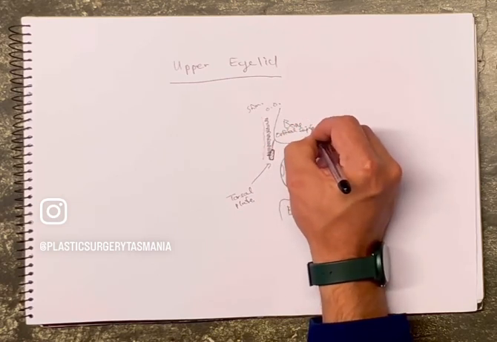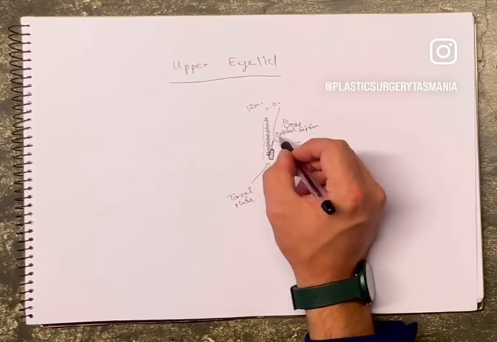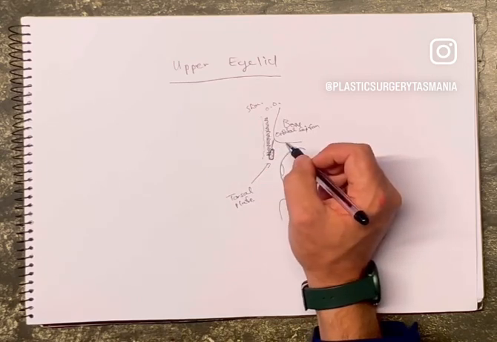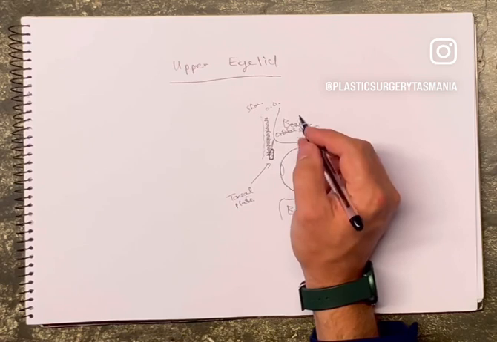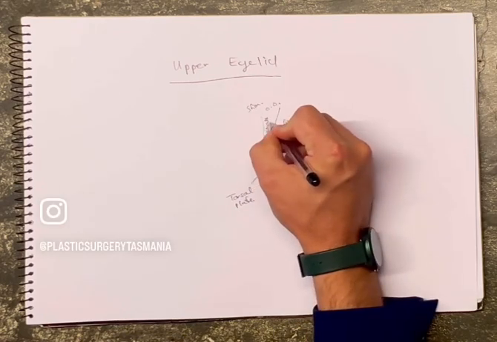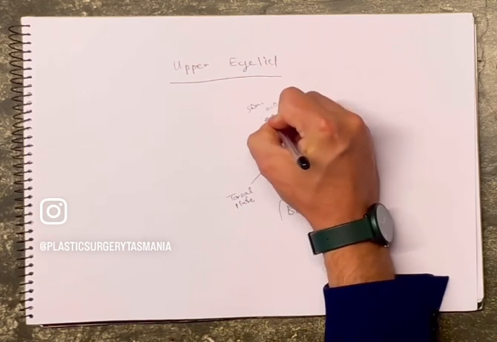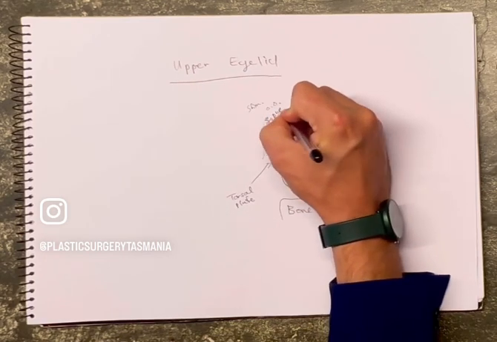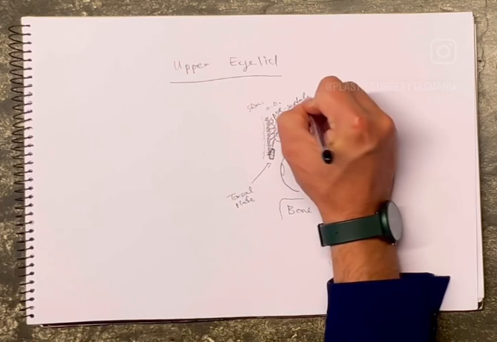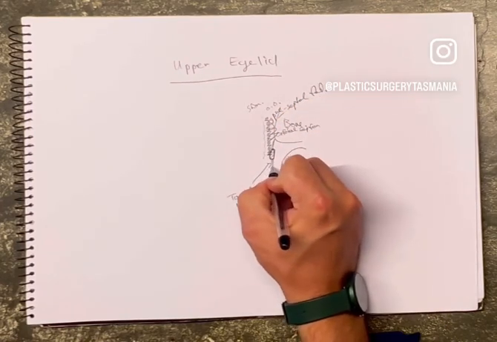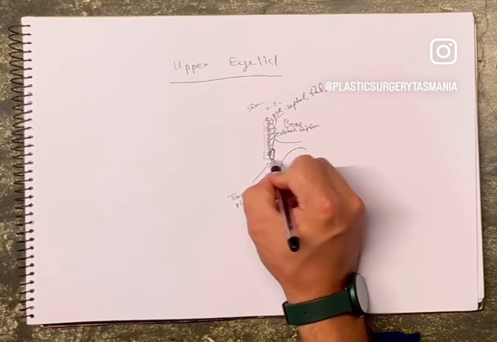The orbital septum divides the eye into anterior or preseptal and postseptal compartments, okay? Between the orbital septum and the orbicularis oculi can be a bit of fat, and we call that preseptal fat, okay? And out of here come eyelashes, all right?